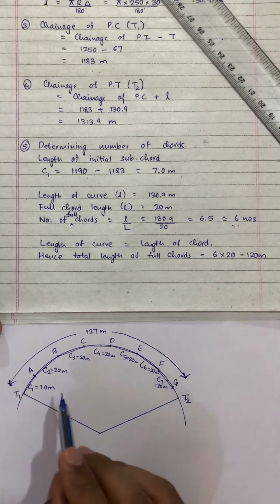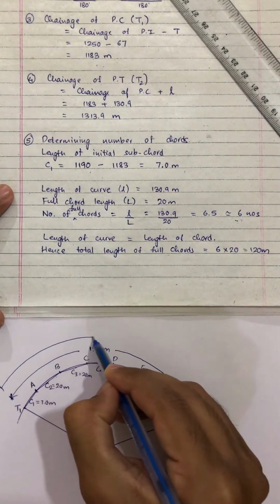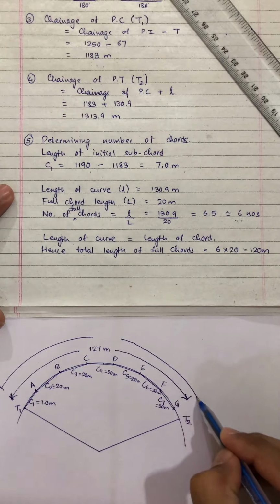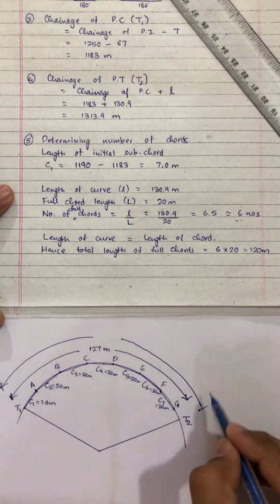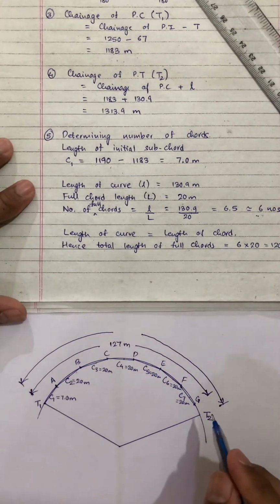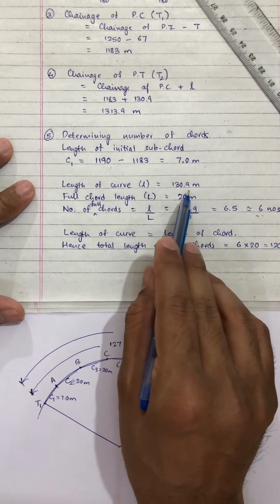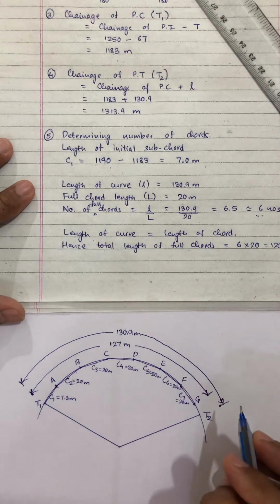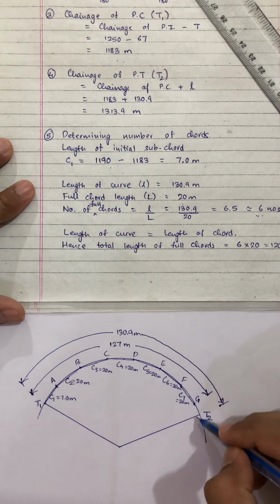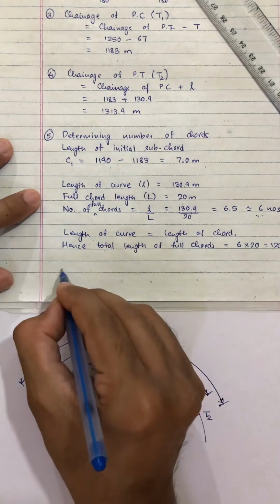But what is the total length of the curve, that is from T1 to T2? This length of curve is given as 130.9 meters. Hence, a final subchord is also required over here. What will be the length of the final subchord?